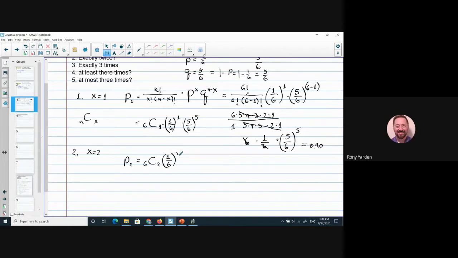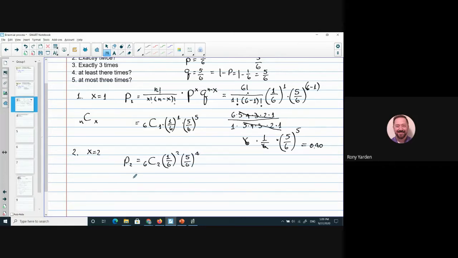P is to the power of x. And Q, I'm sorry, I will not write Q, it is 5/6. And also x here is 2, so I'm going to erase that and substitute 2. And 5/6 to the power of n minus x, which is 6 minus 2, which is 4.